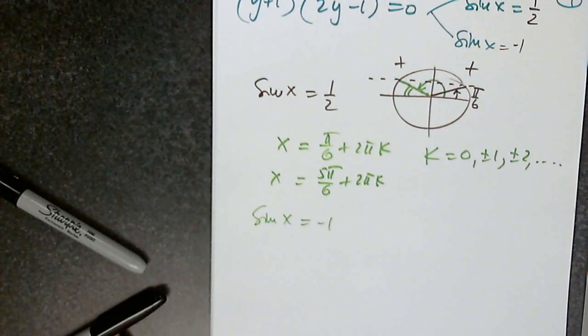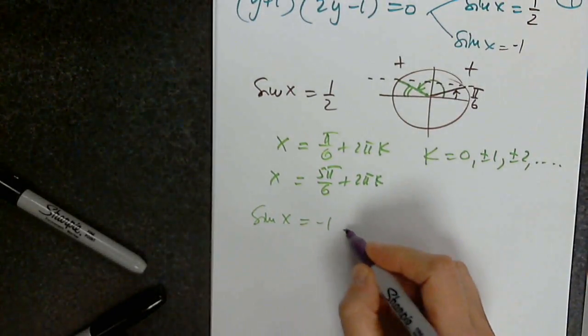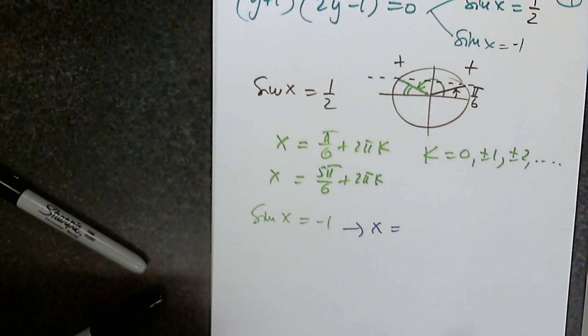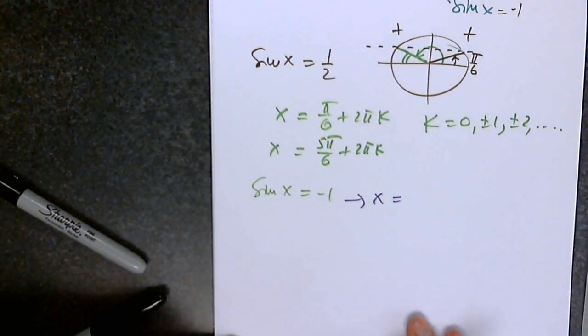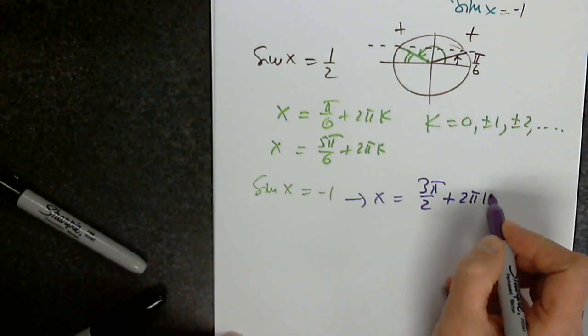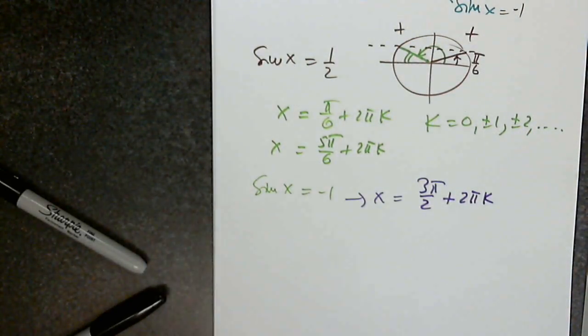Exactly. Right there at the bottom. It's not in the little chart, so it has to be at a corner point. Good. So then from here I have only one solution, x equals, exactly, plus 2 pi k. Perfect.